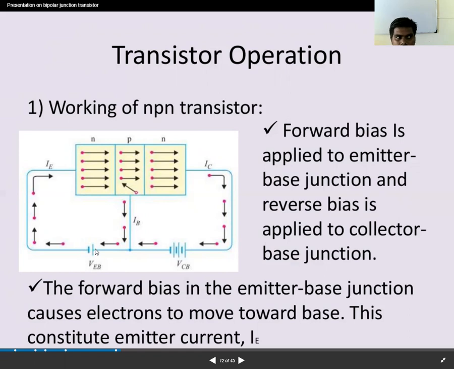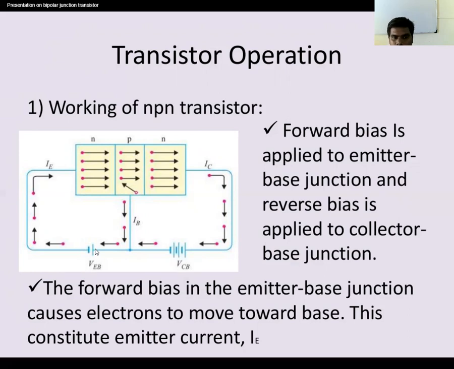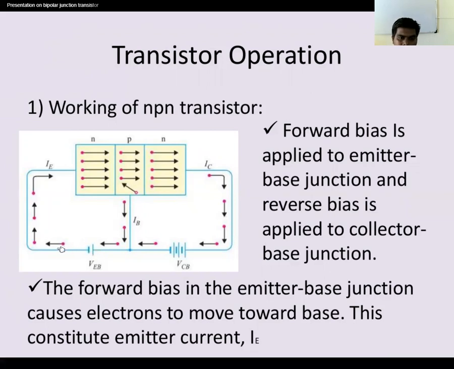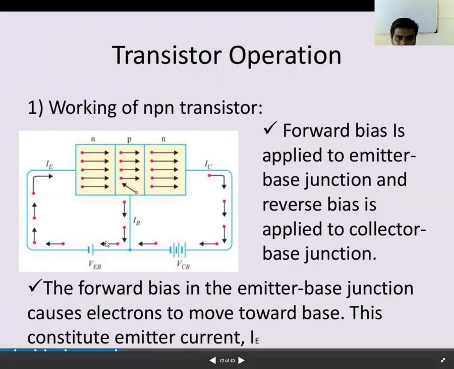What is happening here is that I have connected the negative terminal of this battery to the negative of the NPN transistor, and the positive of the battery is connected to the P region, means it is forward biased.